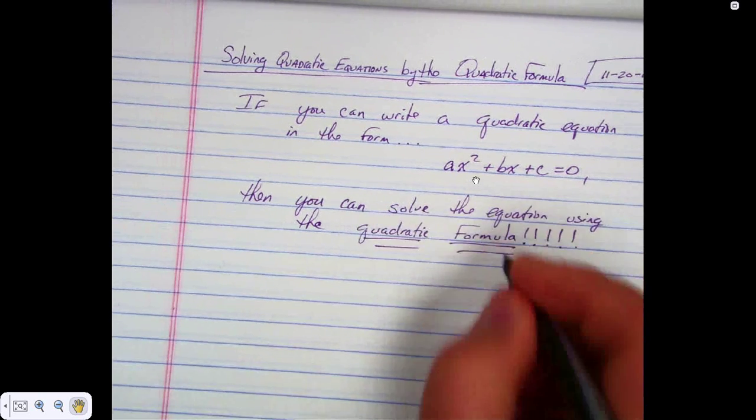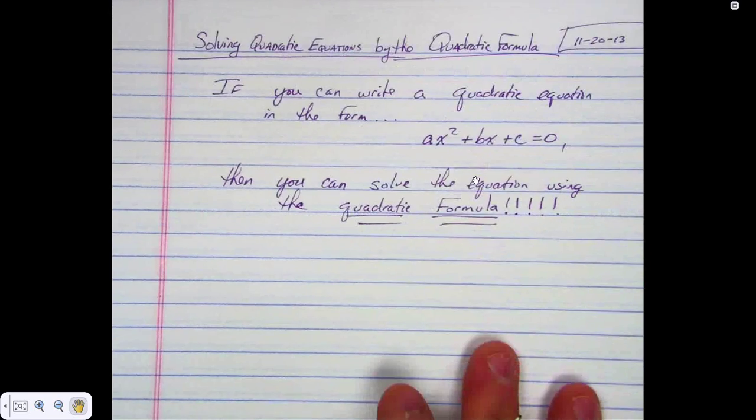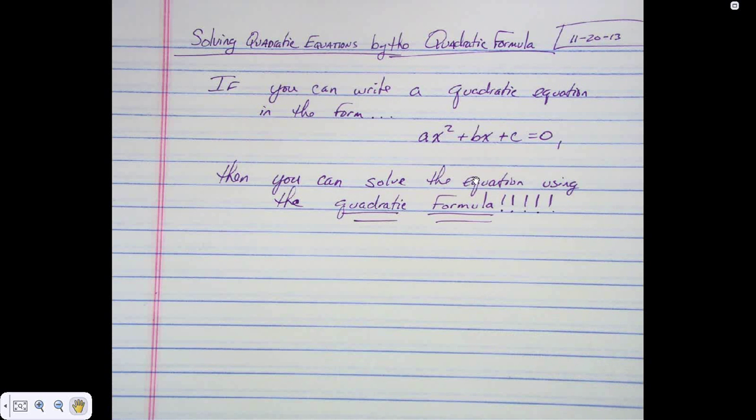You guys all like things that are the same every time, right? Everybody likes doing those, right? That's the quadratic formula.